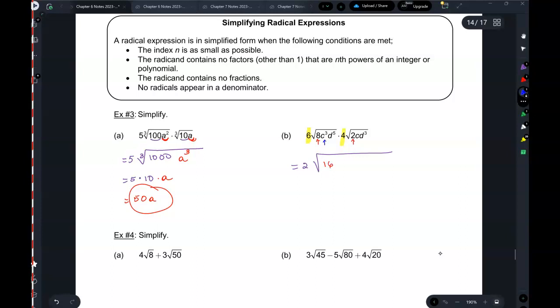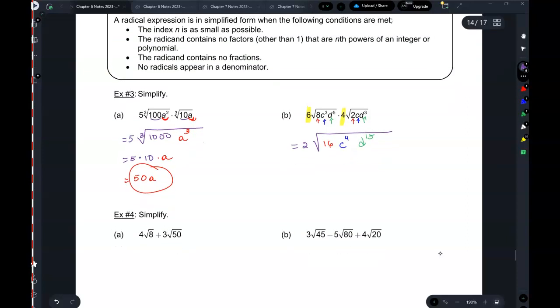Then c cubed times c, you add the exponents, so c to the 4. d to the 5 times d cubed, you add the exponents. I'm sorry, that was d to the 8. Yeah, you add the exponents.